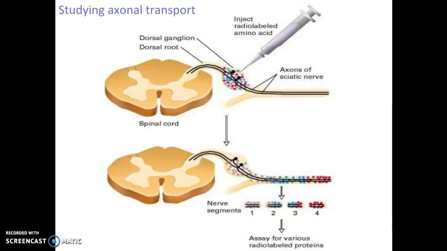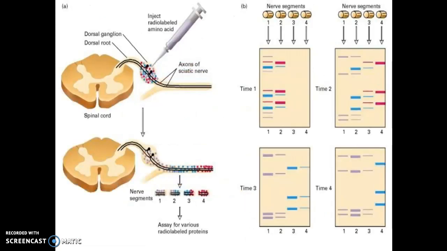So there must have been some molecular motor doing this, and so experiments were done to radio label proteins and look at where they were over time to show that there was a processivity, some sort of movement of these vesicles from the cell body out towards the axon terminus. And so we wanted to find out what those motors were and how they were moving.